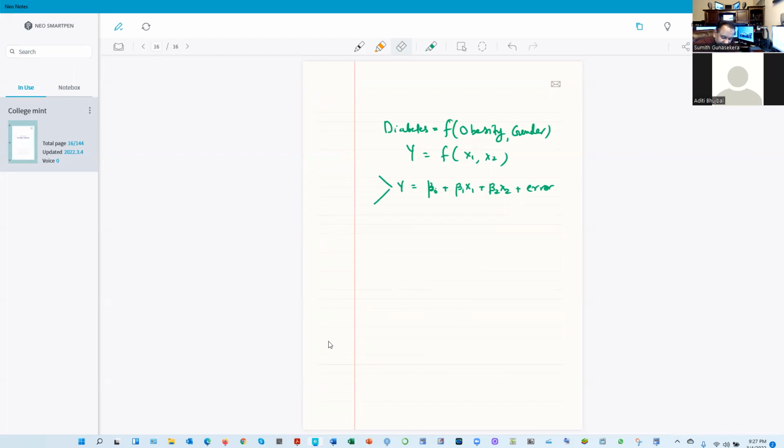It has 0 and 1, dichotomous. These are regression coefficients, beta 1, beta 2, which have to be estimated.